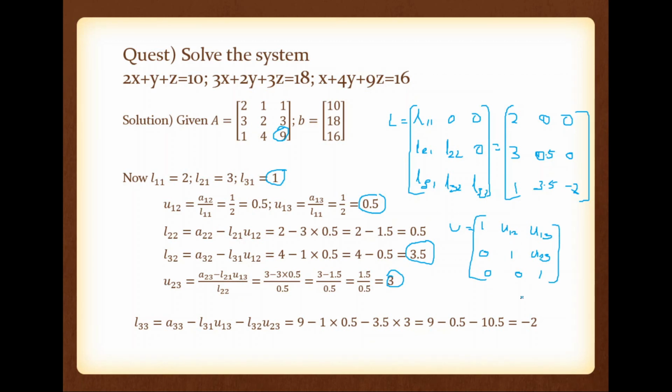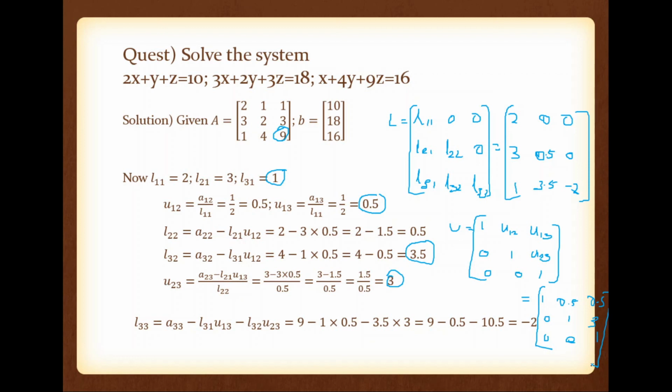Equal to 1. What is U12? U12 is 0.5, then what is U13? U13 is also 0.5, then 0, 1, what is U23? 3, then 0, 0, 1. So this is U. So you can write L and U.